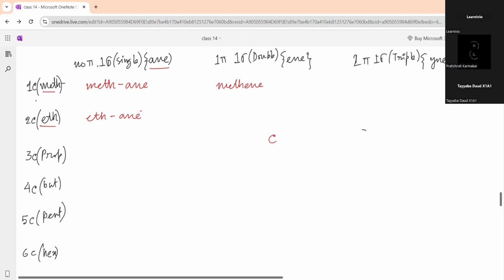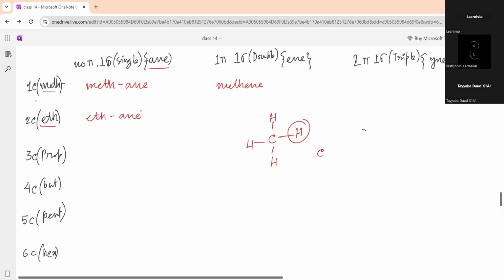We can't use another carbon. We can only use hydrogens, right? But can hydrogen form a double bond? No. Hydrogen can form only single bonds. So we need to use another carbon to create a double bond, isn't it?